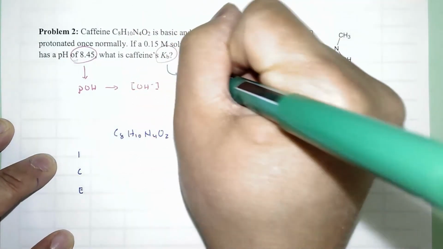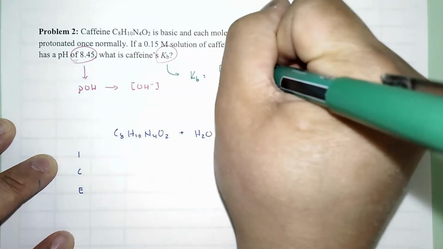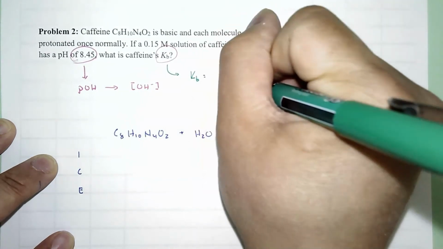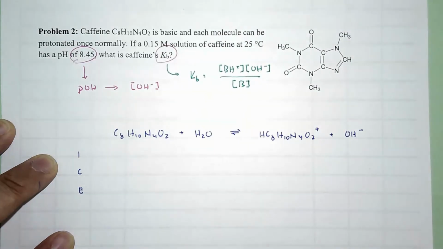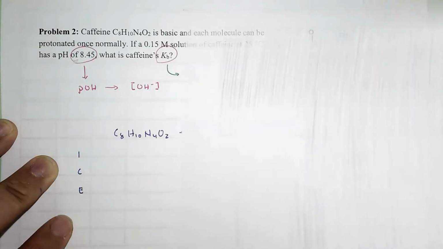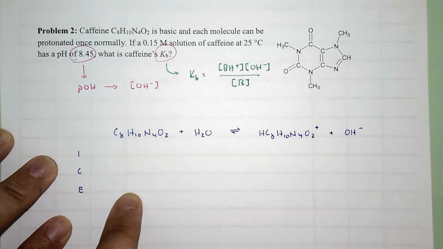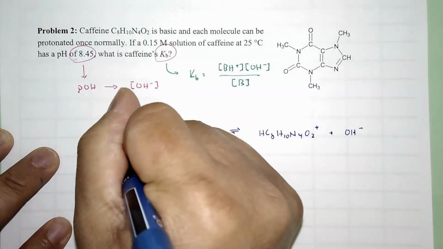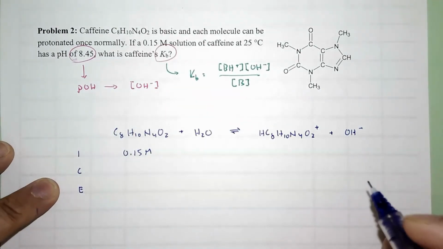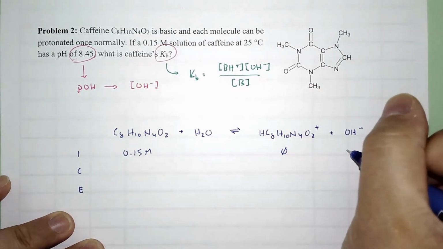Kb equals, in general terms, the BH plus concentration times the OH minus concentration over the concentration of B. We did that in the previous problem, right there. Okay, well, 0.15. I'm sure a lot of people out there are seeing exactly what to do. I'm almost with you.